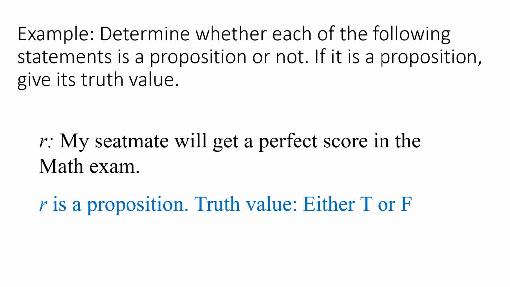Now, the truth value is either true or false. Although the truth value will only be known after the math exam, we know that it can only be either true, which means my seatmate may have a perfect score, or false, which means she may have some mistakes, but not both. So it is a proposition, and the truth value is either true or false.